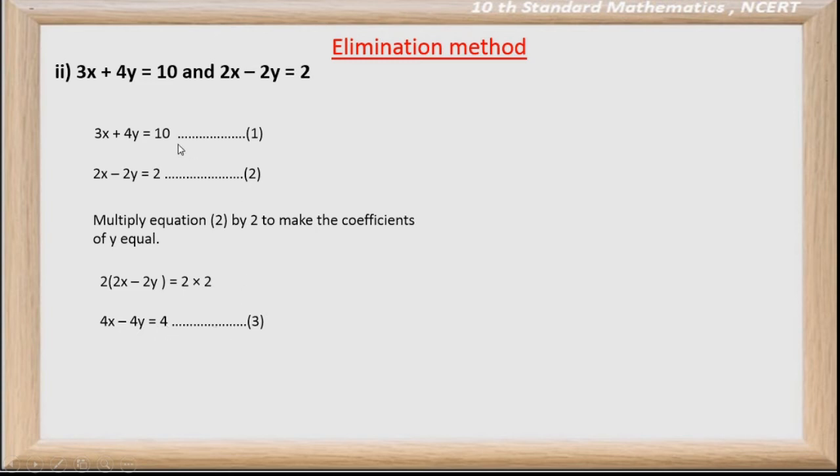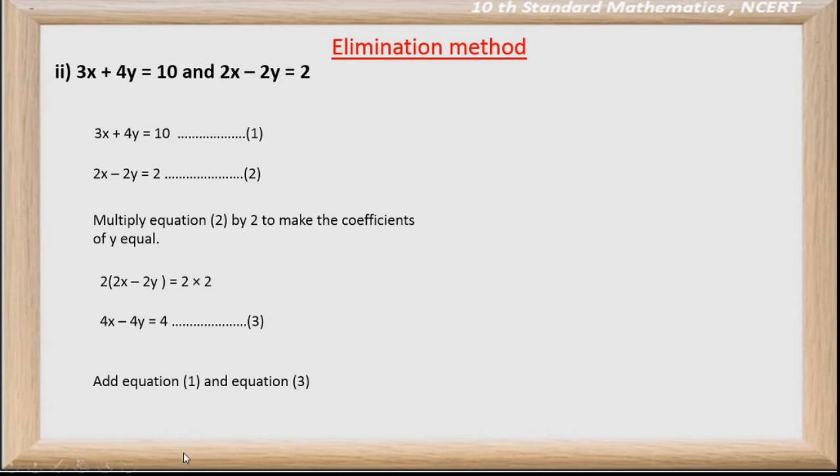See equations 1 and 3. The y term: 4y, here also 4y. The coefficient of y is numerically equal. So the first step is over. The second step: add or subtract the equations for eliminating one variable.